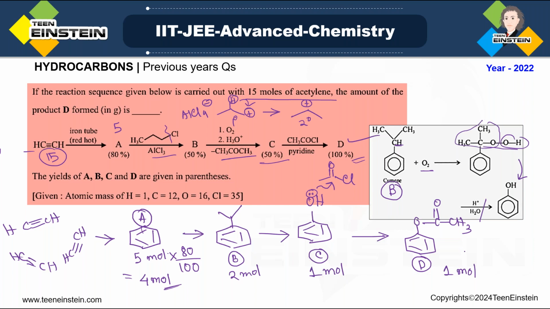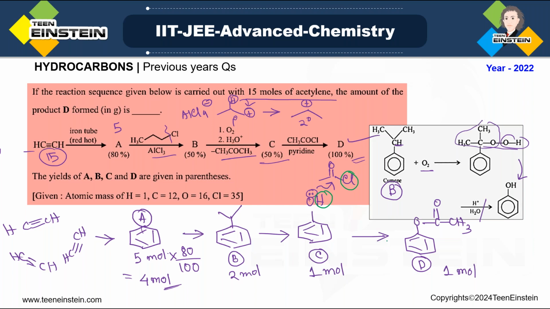Okay. Now why is pyridine given? Because see here, net removal of H and Cl is taking place. Pyridine is basic in nature, so it will capture this byproduct which is HCl.